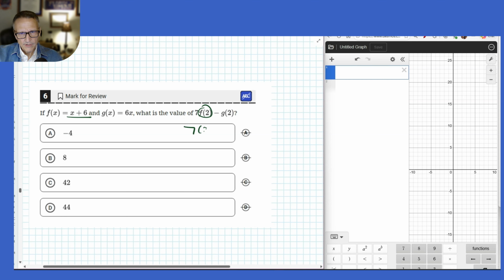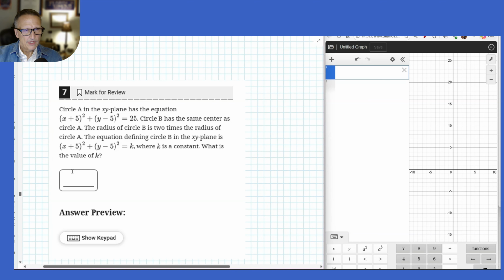So this is 7 times 8. And then g of 2 is 12. So it's 56 minus 12, which is going to give us an answer of 44. Very straightforward. So point is, don't miss parts of the expression there. Be sure that you're looking at everything and interpreting everything as you should.